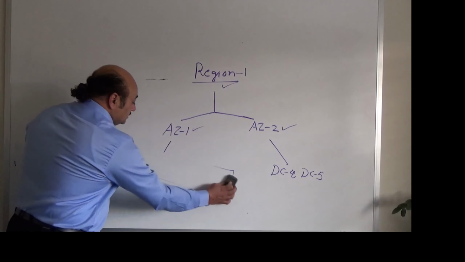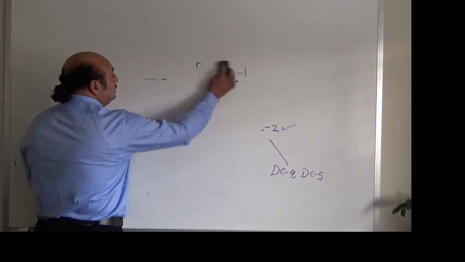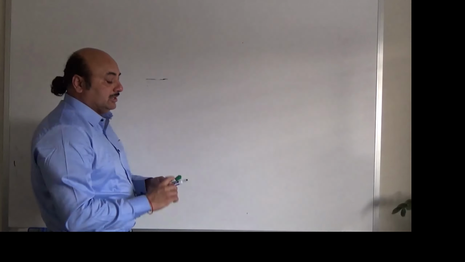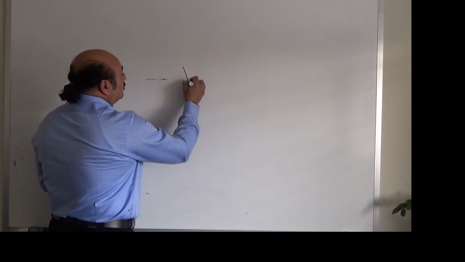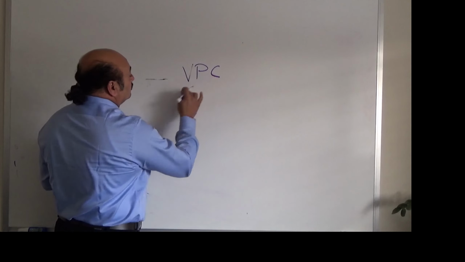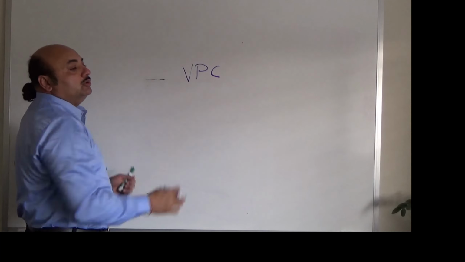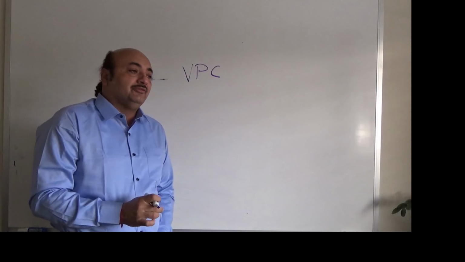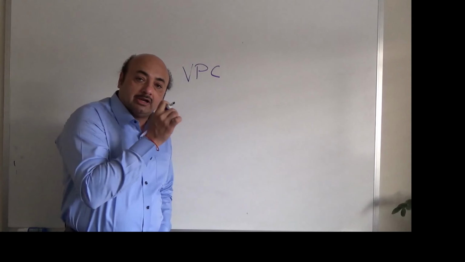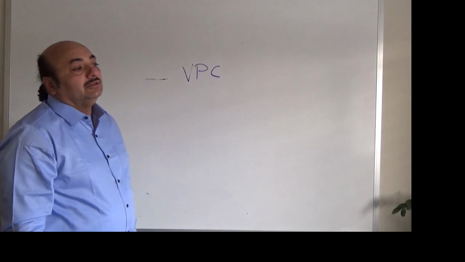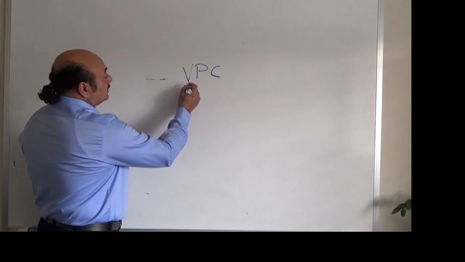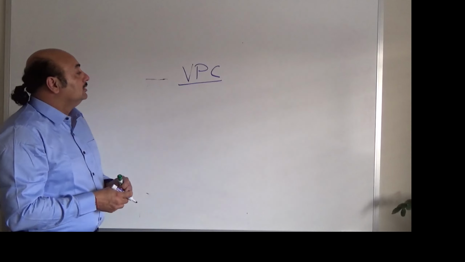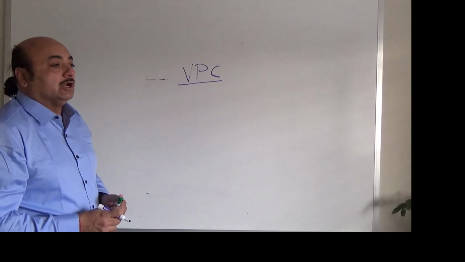Okay. The next concept that you need to understand is what we call a VPC, Virtual Private Cloud. VPC, Virtual Private Cloud. Okay. So every individual, when they sign into or log into the AWS console, lands up in what they call their own private virtual cloud. That's the reason we call it a virtual private cloud.